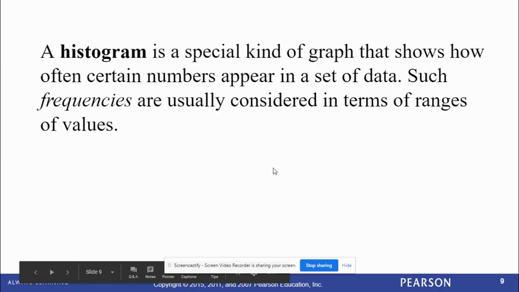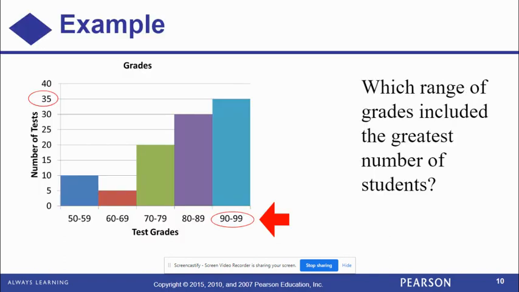A histogram is a special kind of graph that shows how often certain numbers appear in a set of data. Such frequencies are usually considered in terms of ranges of values. This is a picture of a histogram. Which range of grades included the greatest number of students?